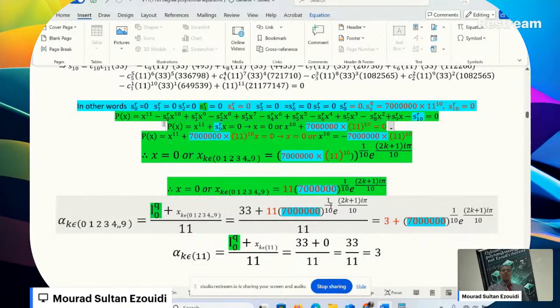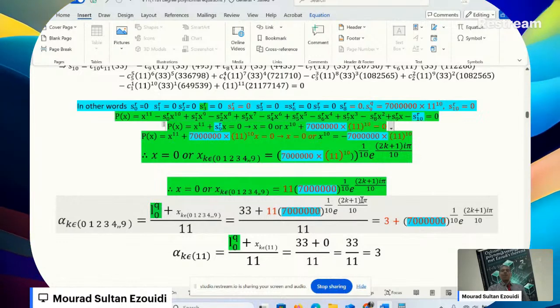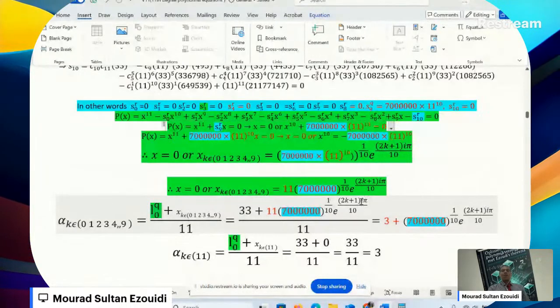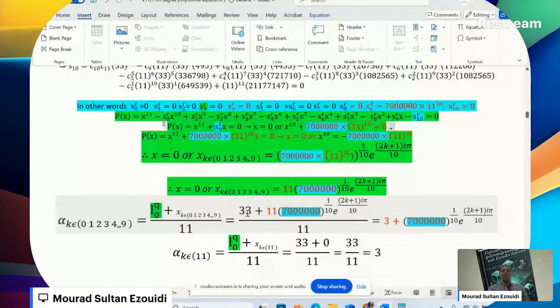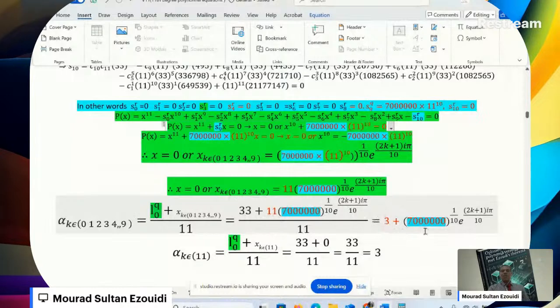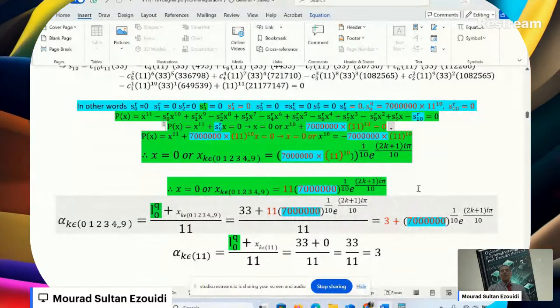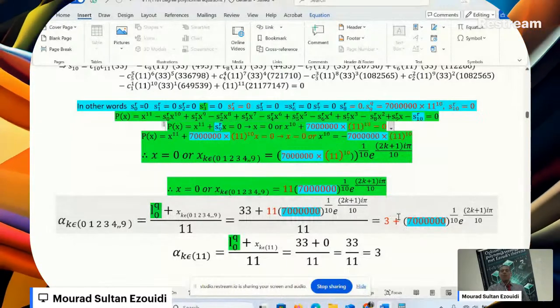So it will be 33 plus 11 times 7 million raised to the power 1 over 10 times exponential of (2k plus 1) i pi over 10. 33 divided by 11 is 2, 11 divided by 11 is 1. So these are the roots of your original 11 degree equation.